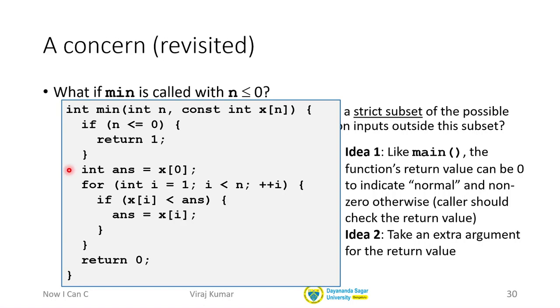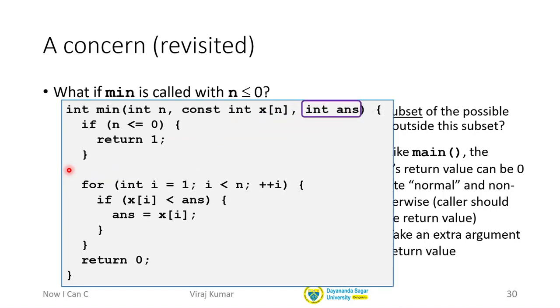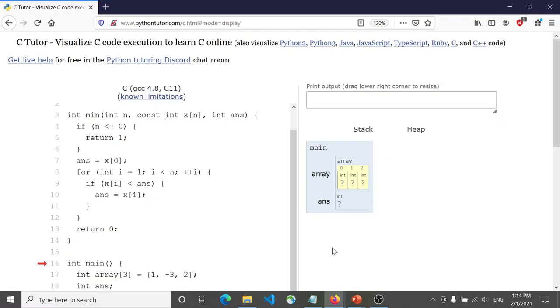So the idea is, instead of doing this here where we have declared ans as a local variable, let's instead have ans come in as a parameter, and then over here at this point in the code we can just use that variable, initialize its value, and when we update it, then the function which called this min function will see the minimum in that variable. So let's see if this idea works.